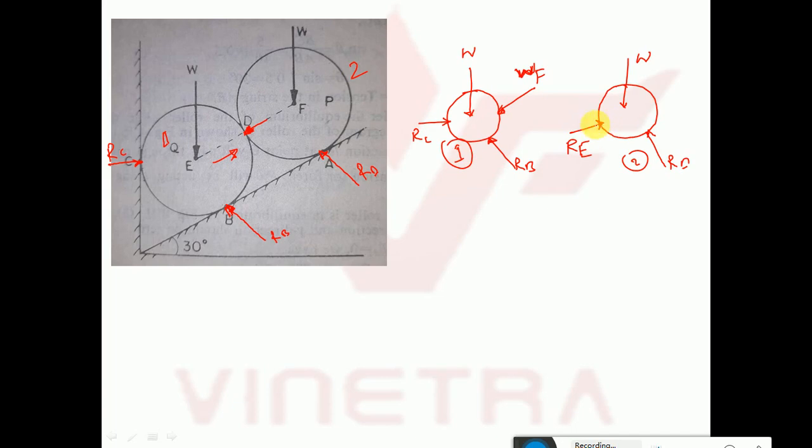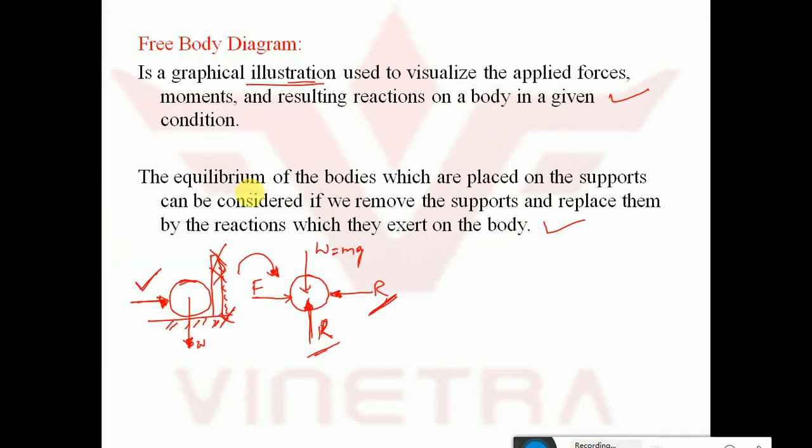So in this manner, we do not know how the actions and reactions are taking place, but once we draw the free body diagram, it becomes clear to imagine how the forces are acting, how the actions and reactions are taking place to keep the bodies in equilibrium. So now let us go back to our definition. What was the definition?